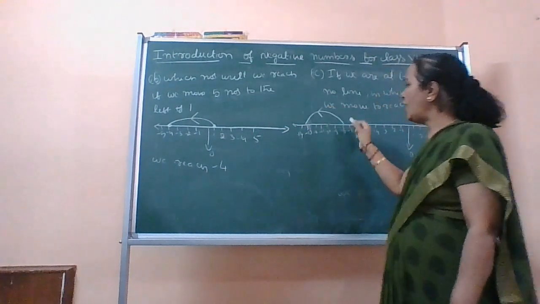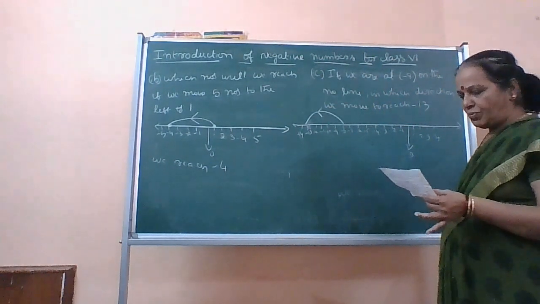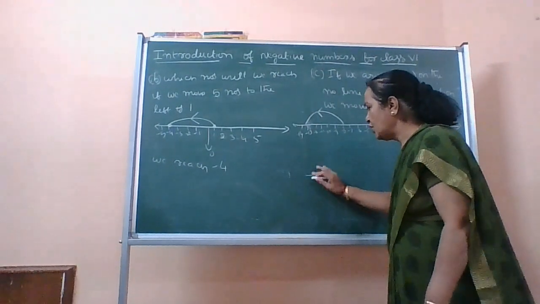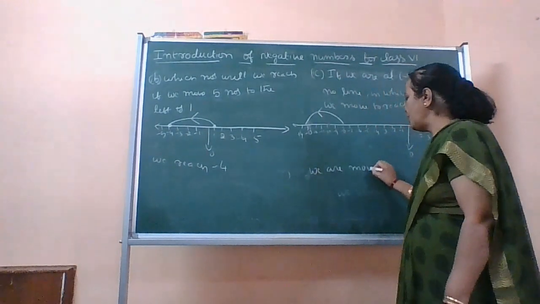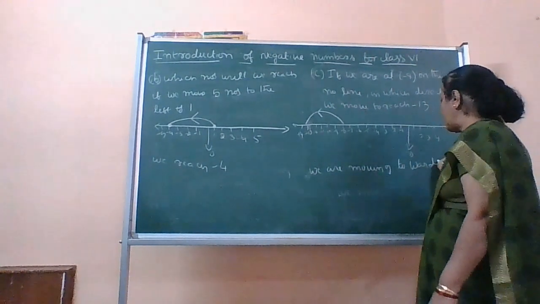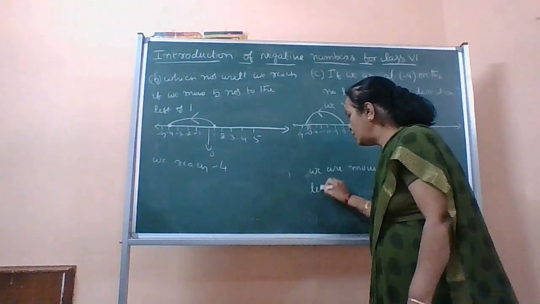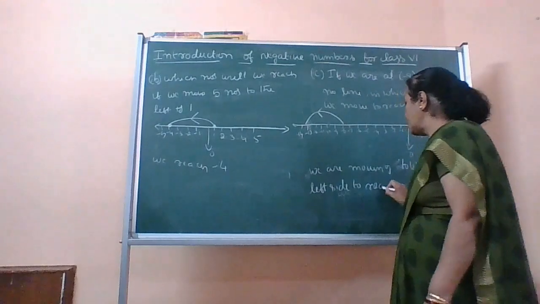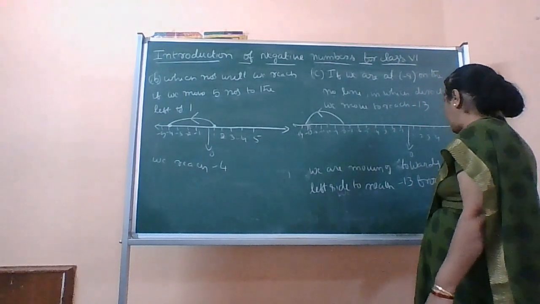That means we are going to the back. That means we are moving to the left side of the number line, towards the left side to reach -13 from -8.